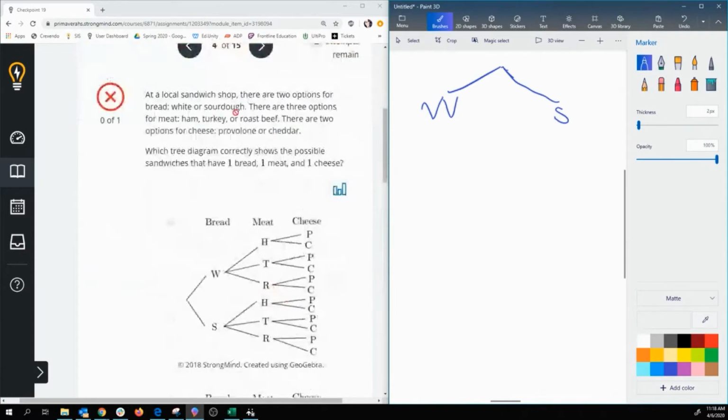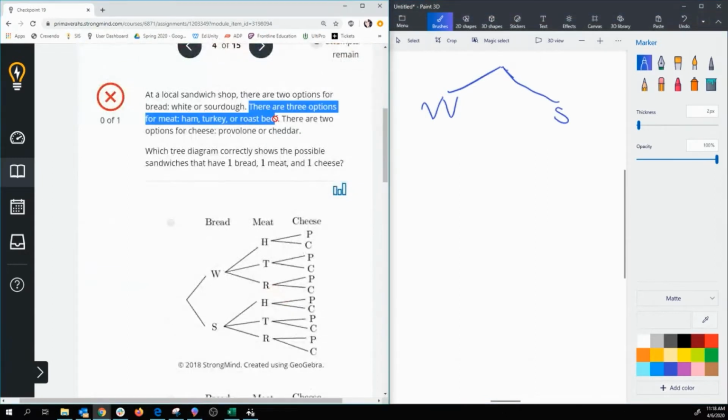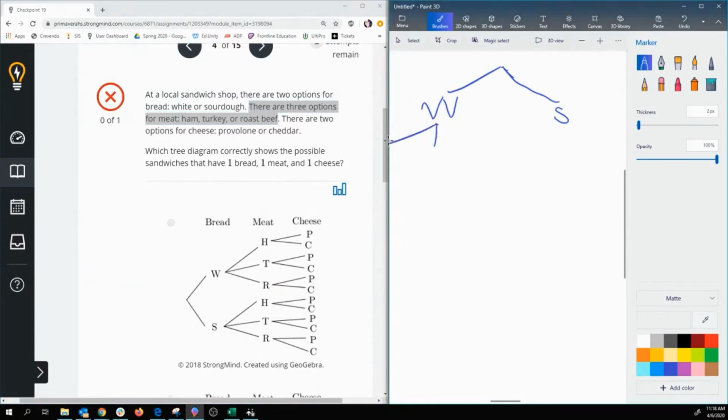Next, I have 3 different options for meat, which are ham, turkey, or roast beef. So if I were to pick white bread, I could have ham, turkey, or roast beef, right? What 3 branches should I put underneath the sourdough? If I pick sourdough bread, what are the different options I could have for meat there as well?